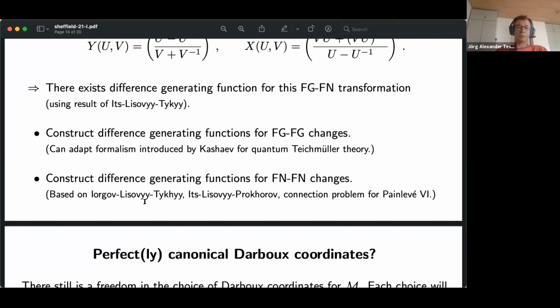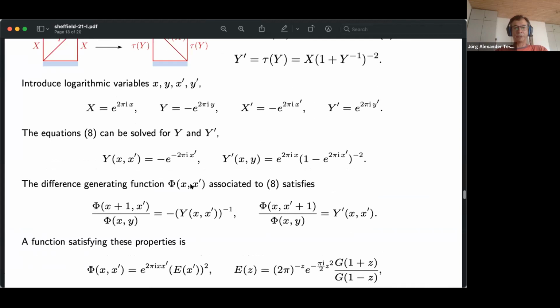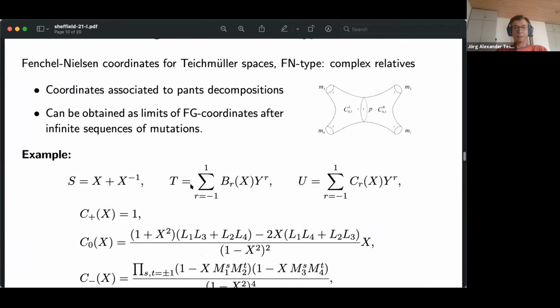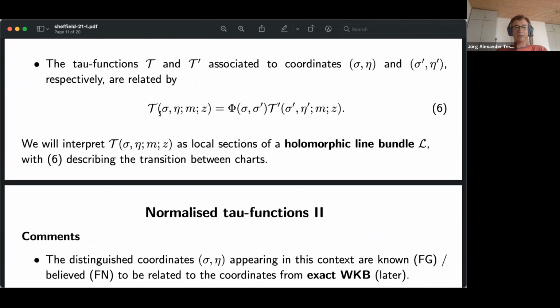And there a conjecture was presented, which was later proved by Iorgov, Lisovyy, and Tykhyy. This provides basically the essential building block, which is the normalization factor. It's this function phi here that appears in this place for the case that sigma and eta are, say, the Fenchel-Nielsen type coordinates for the Pants decomposition where you separate puncture 1 and 2 from 3 and 4.